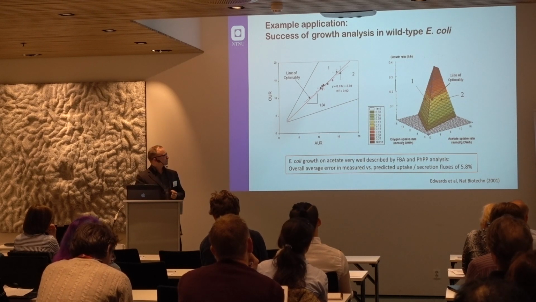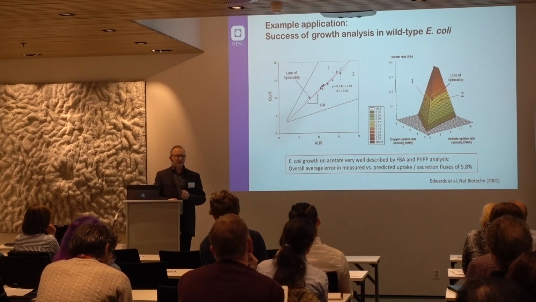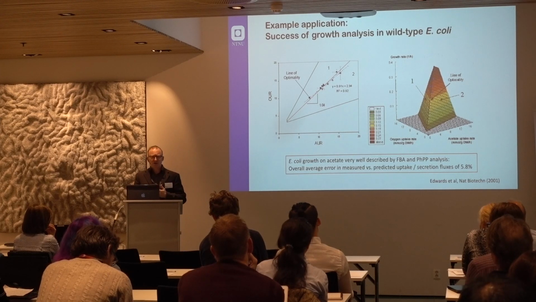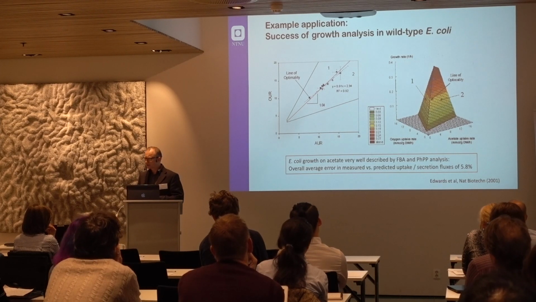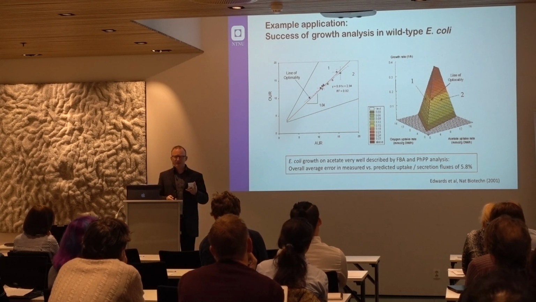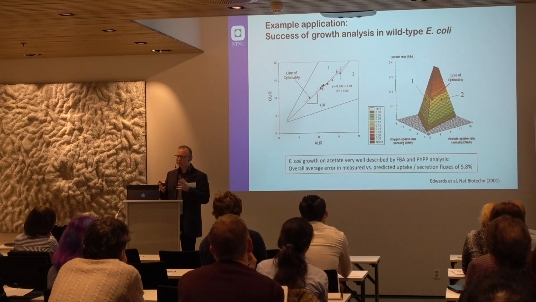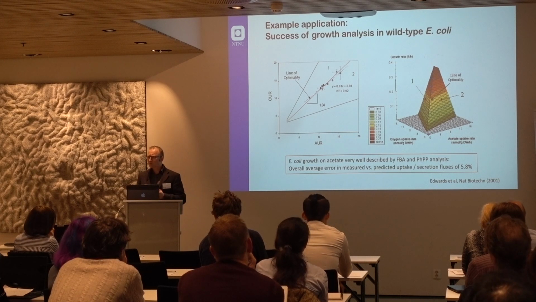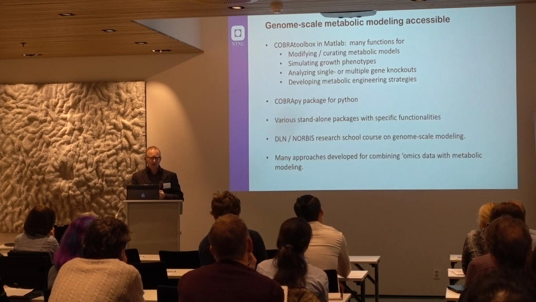Now, in addition to predicting growth phenotypes, you can use it for a large variety of studies, gene knockouts, how they perform. Different types of analyses have different levels of accuracy, depending upon, of course, the model reconstruction.